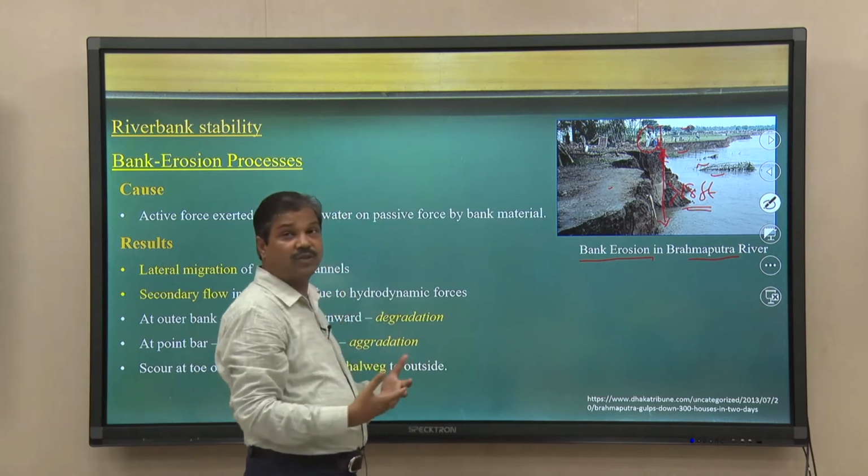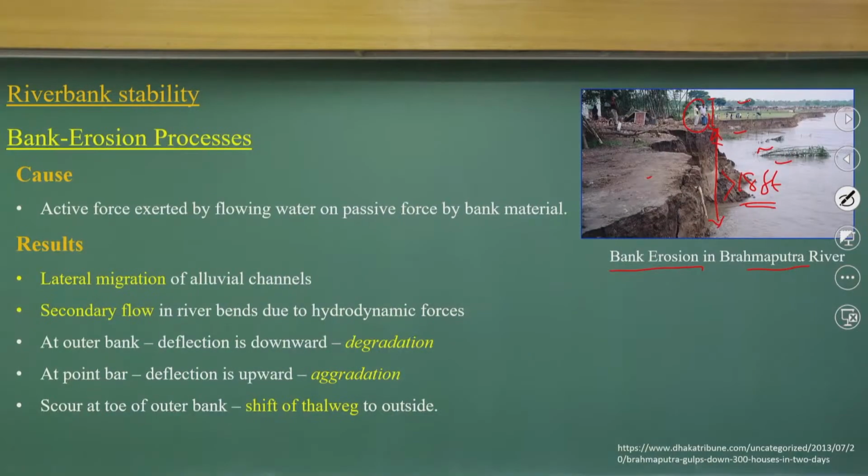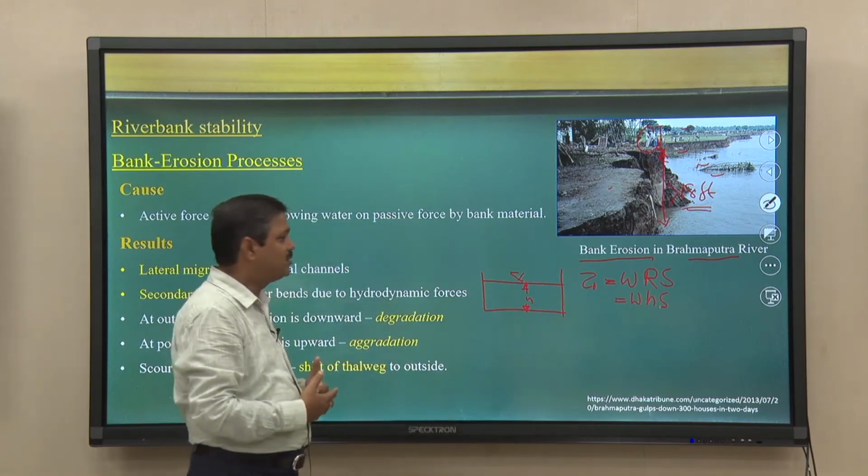Let us understand the process. What is the process that happens? If you look at straight channels, simplified as rectangular channels, and if H is the depth of the flow, we know the average bed stress acting is omega R S, or omega H S, where S is the bed slope.